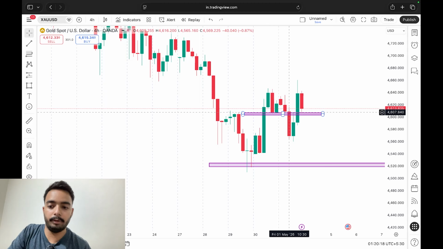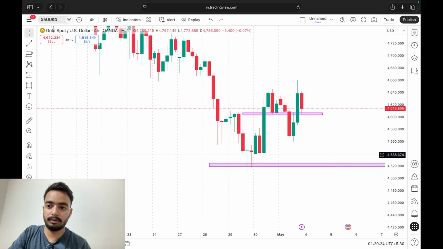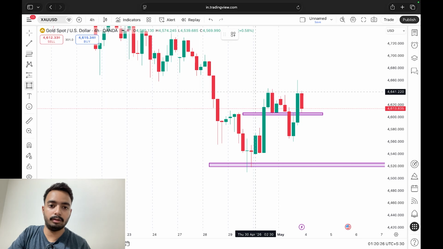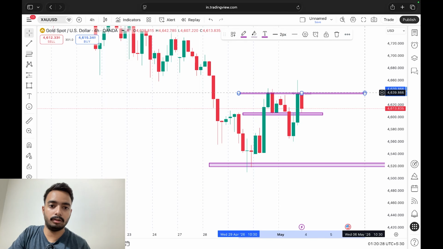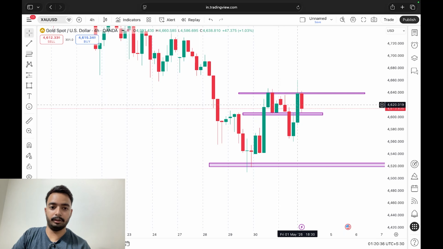On the 4 hour time frame, price is currently near a resistance zone. Now this gives us two clear scenarios. First, the sell scenario.